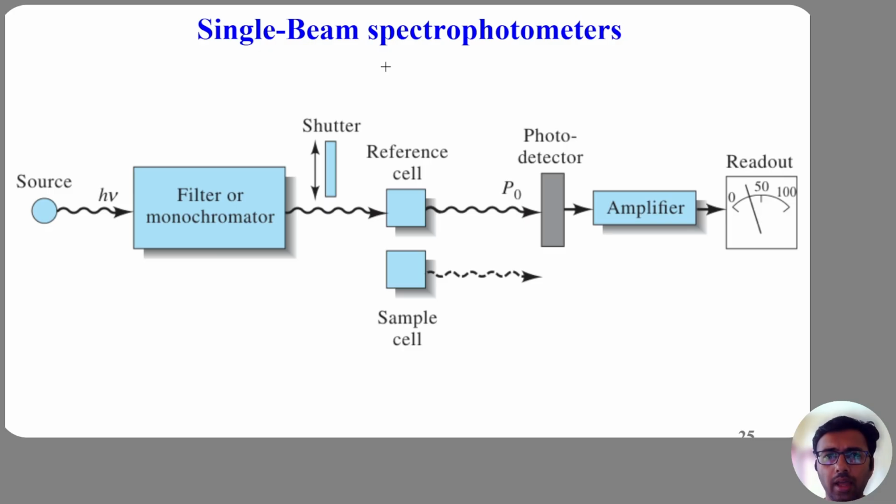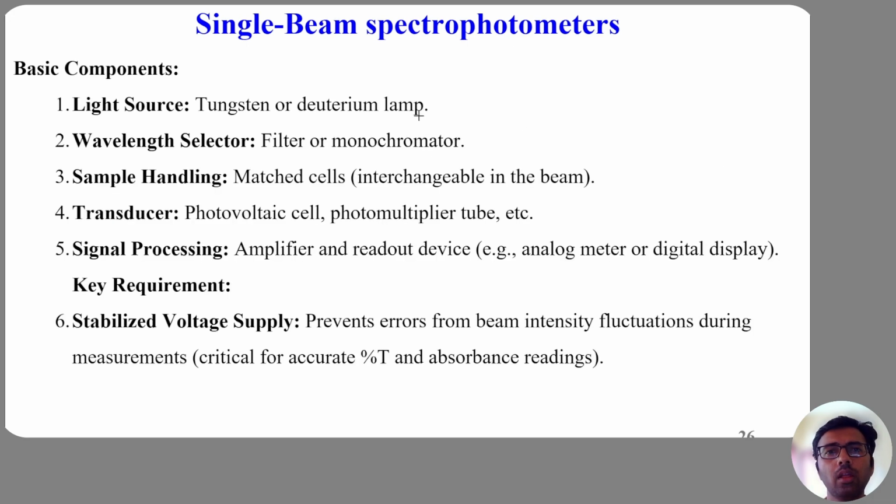Let us summarize the architecture. A single beam system contains a light source, a wavelength selector, interchangeable sample and reference cells, a detector, and signal processing electronics. But there exists one non-negotiable requirement: voltage stability.